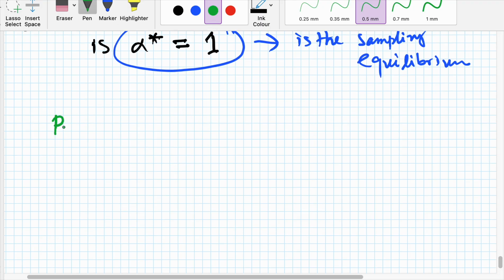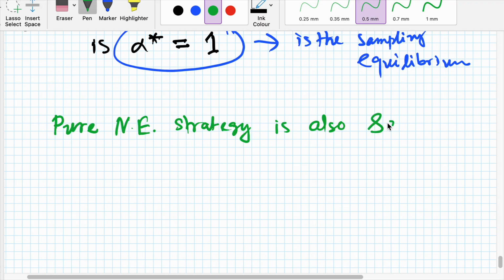It says that for a two player two strategy game, any pure Nash equilibrium strategy is also a sampling equilibrium.